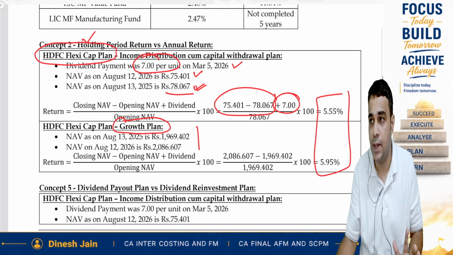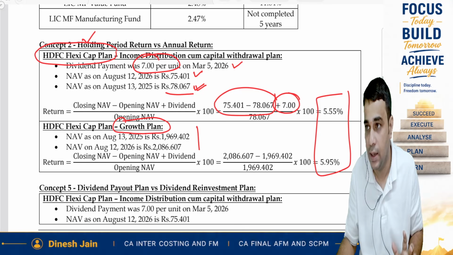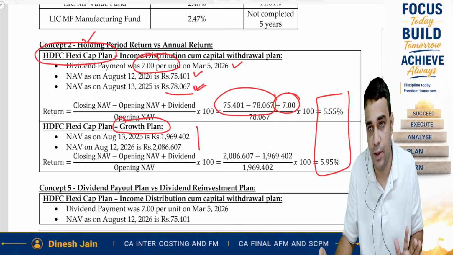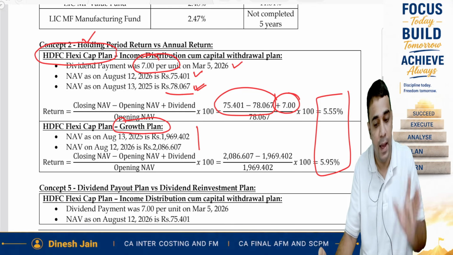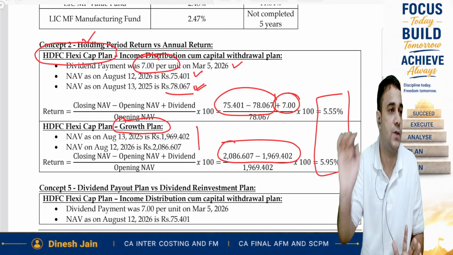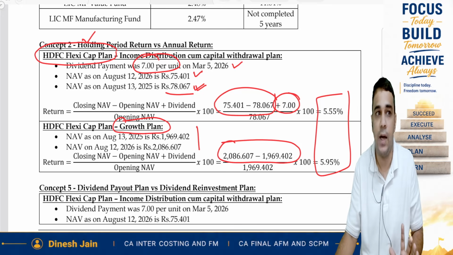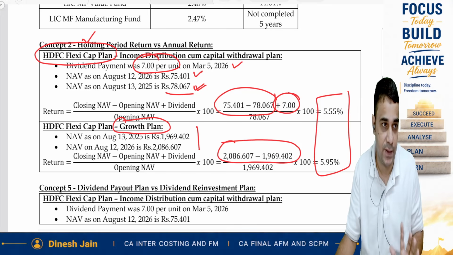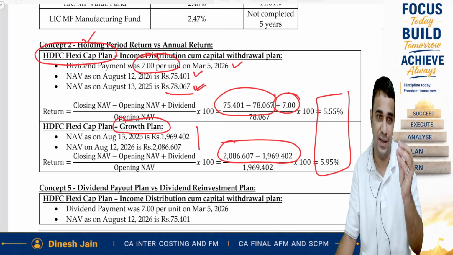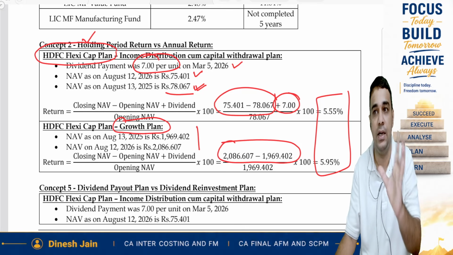Technically, you are losing capital, but the good part is the 7 rupee dividend came. In another plan, closing minus opening is positive and it generated some return. Same HDFC Flexi plan. If they give you IDCW, there's a different way of evaluating it, and there's a growth plan which is a little different.